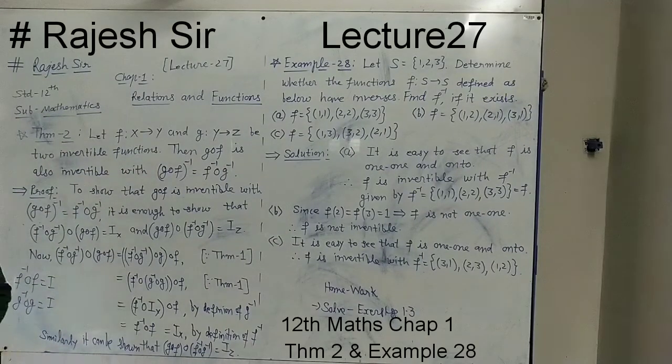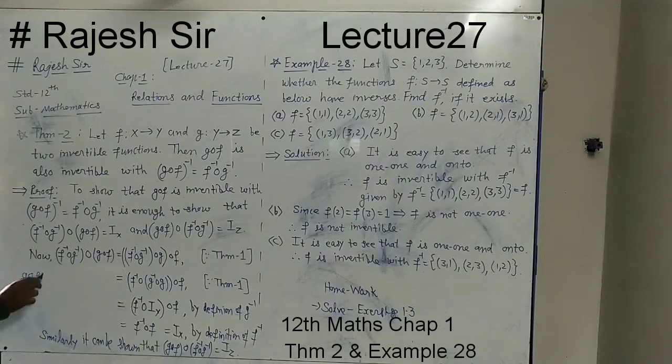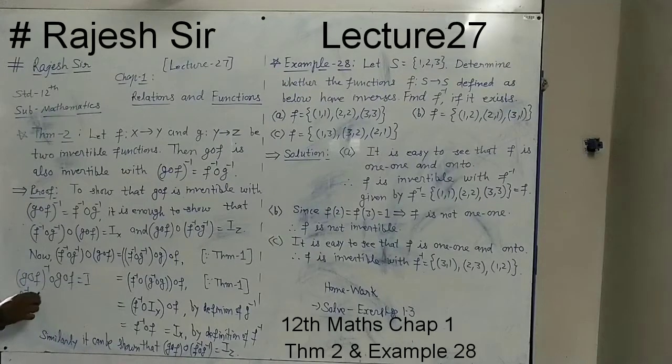We want to show that g of f is invertible, so we need (g of f) whole inverse of g of f equals I. Now it is given that (g of f) whole inverse equals f inverse of g inverse, so in place of that we can write f inverse of g inverse of g of f equals I. If we show this, it shows that g of f is invertible, and (g of f) inverse equals f inverse of g inverse.